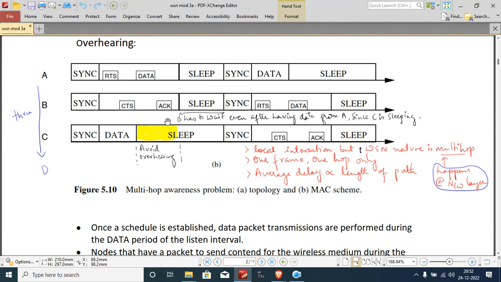It has to wait even though it has data. So B has to wait even after having data from A, since C is sleeping.